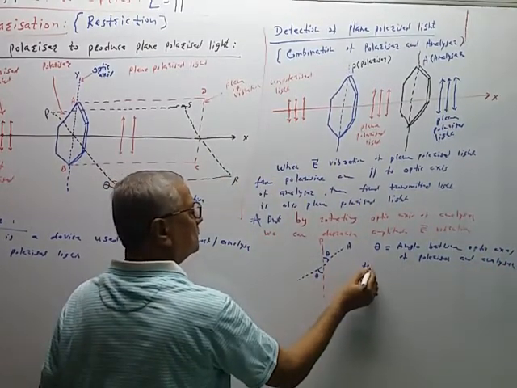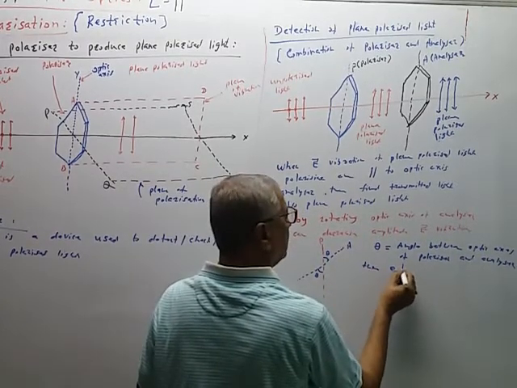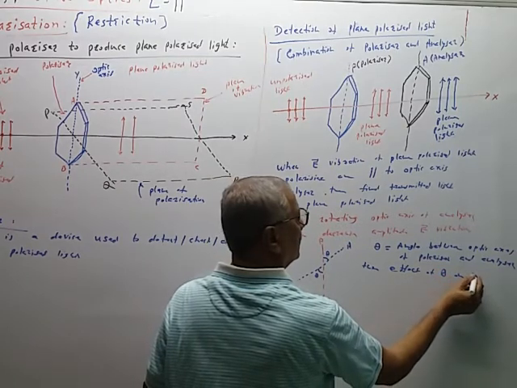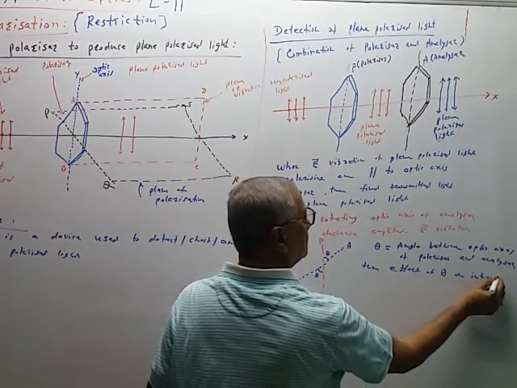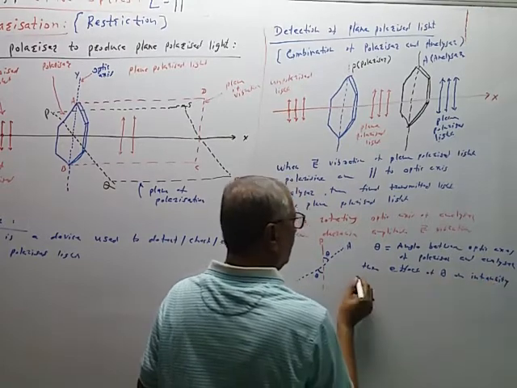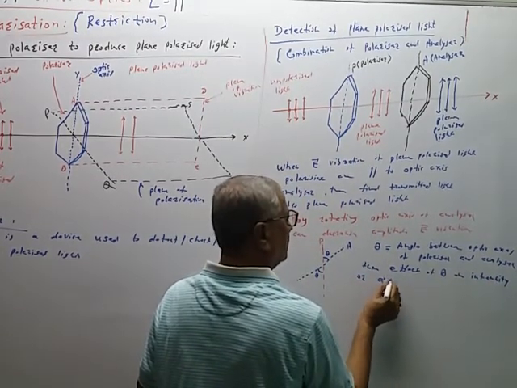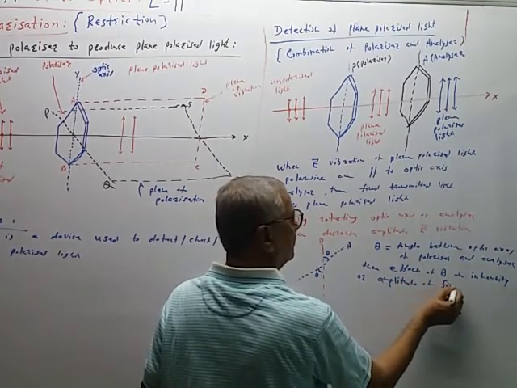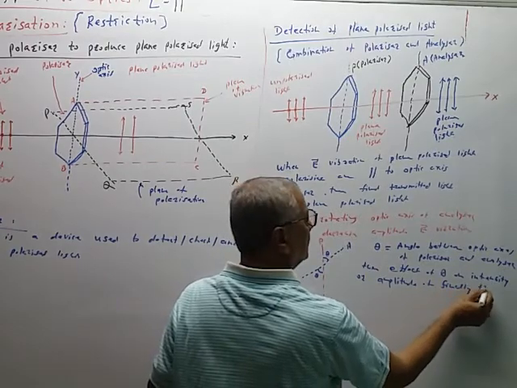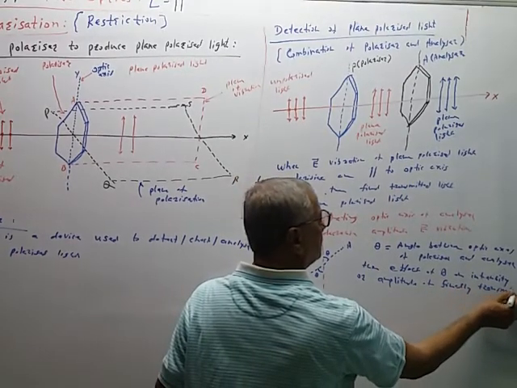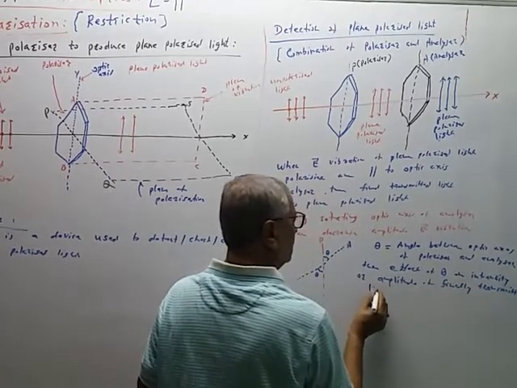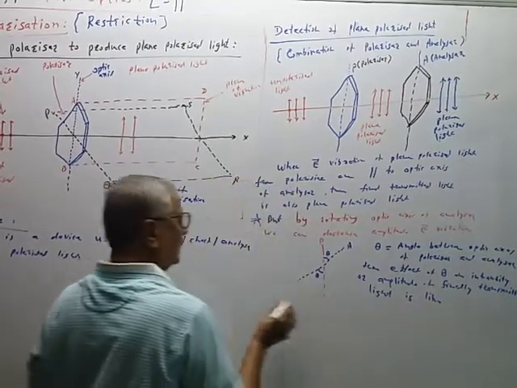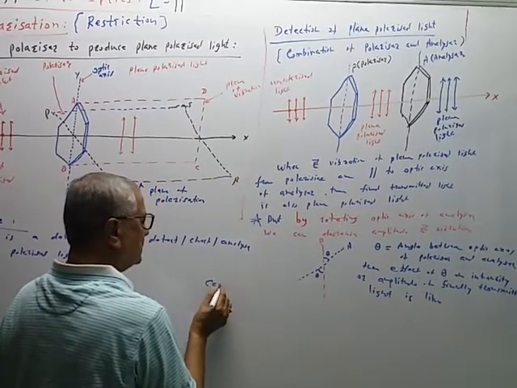Then the effect of theta on the intensity or amplitude of the finally transmitted light. So we are to see three cases.